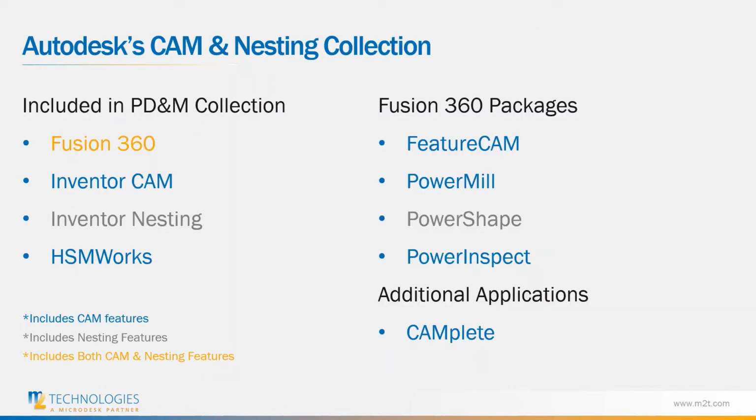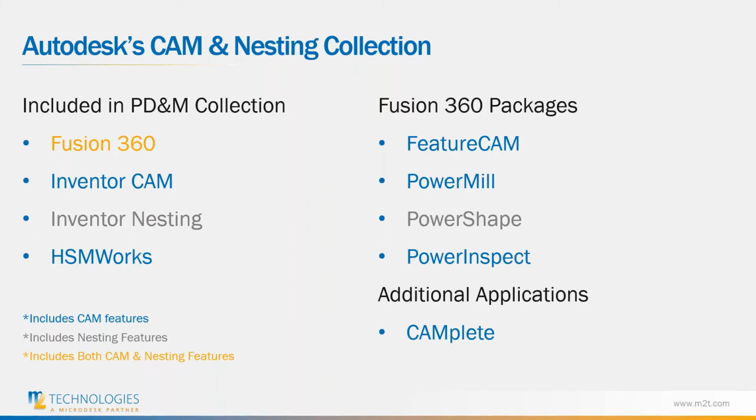So looking at the collections available from Autodesk, we'll start with the PDM, or Product Design and Manufacturing collection. The Product Design and Manufacturing collection includes a number of different applications and tools, but we're going to be focusing on Fusion 360, which has both CAM and nesting capabilities.